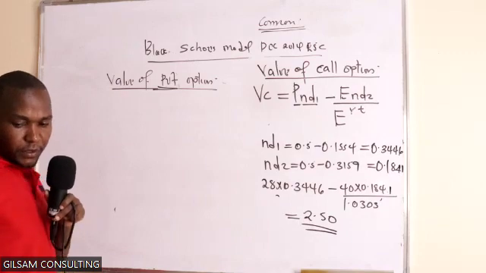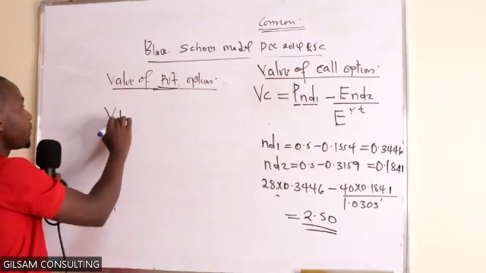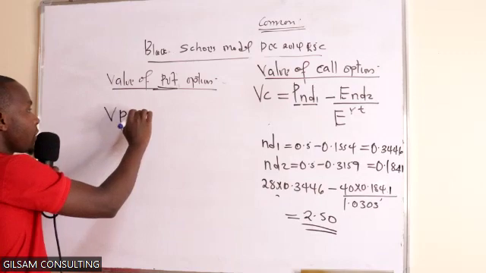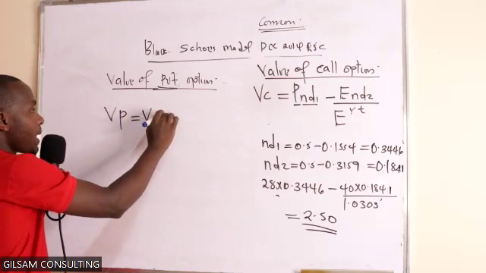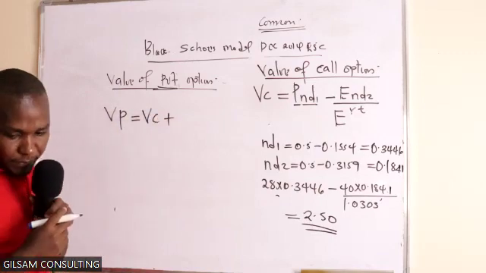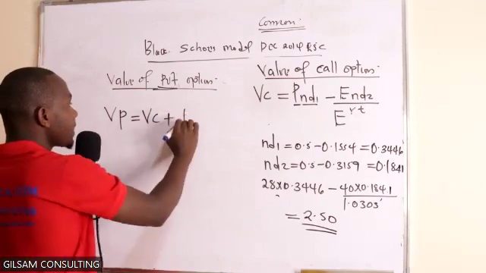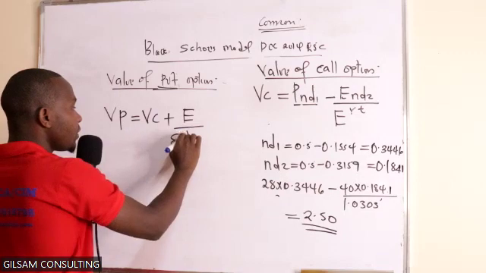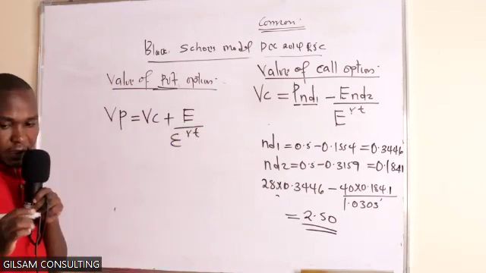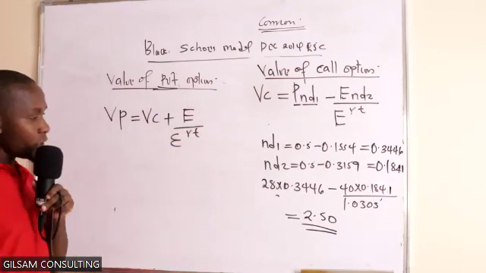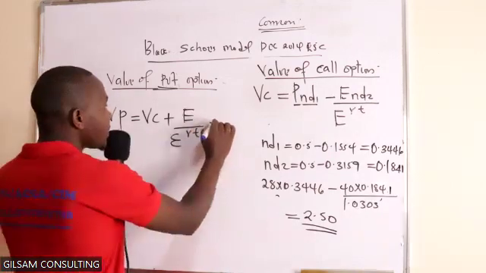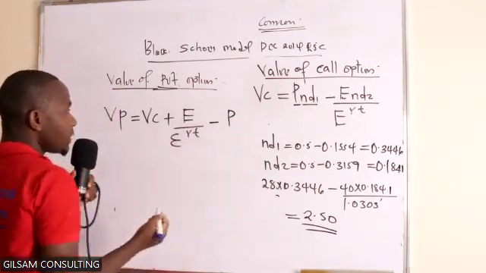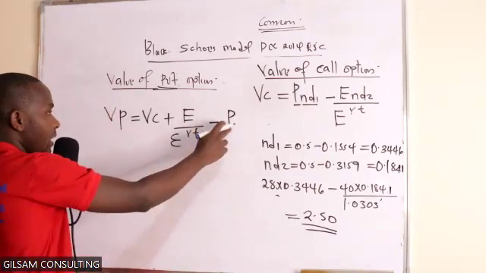So for that one, you take the value of put option equals the value of call option plus the exercise price divided by the Euler constant, minus P, which we know is the spot rate in our case.